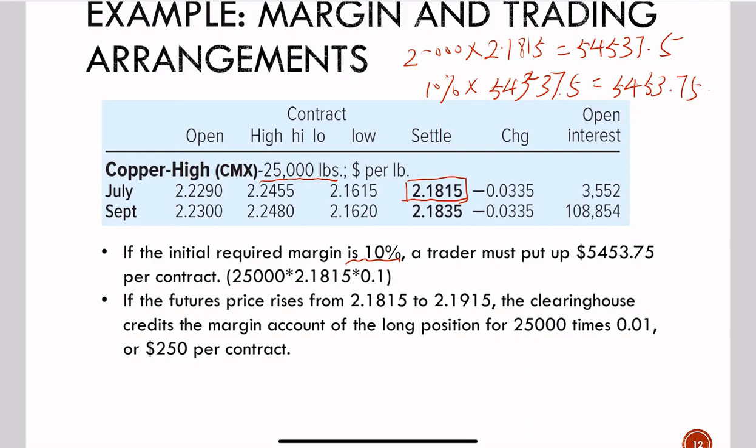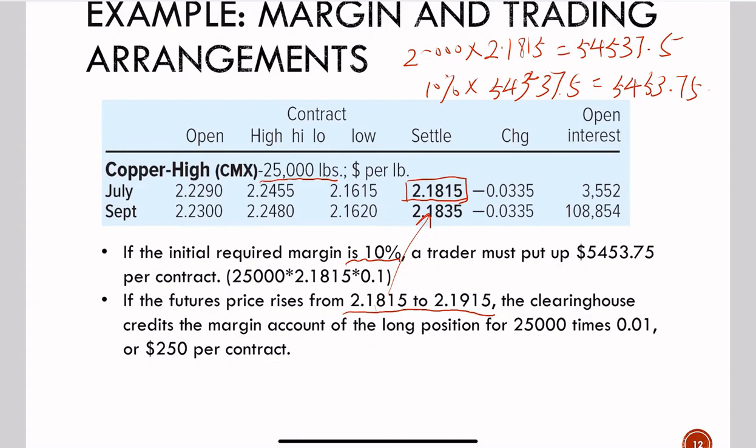Okay, now let's look at this marking to market arrangement. Let's say after 1 day, the futures price increases from 2.1815 to 2.1915.